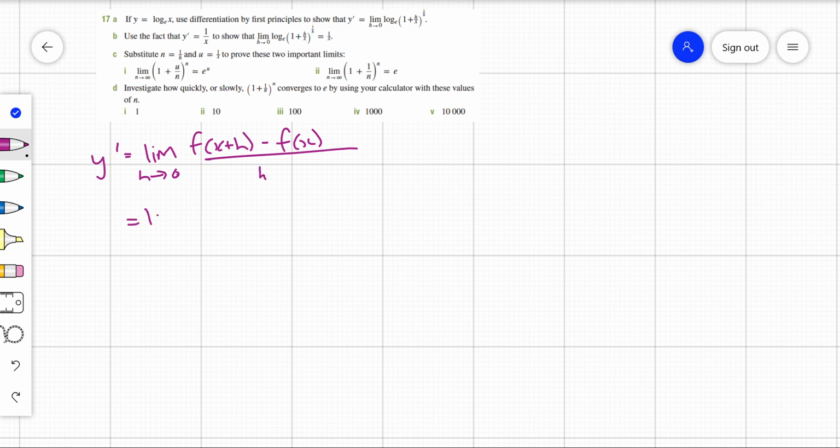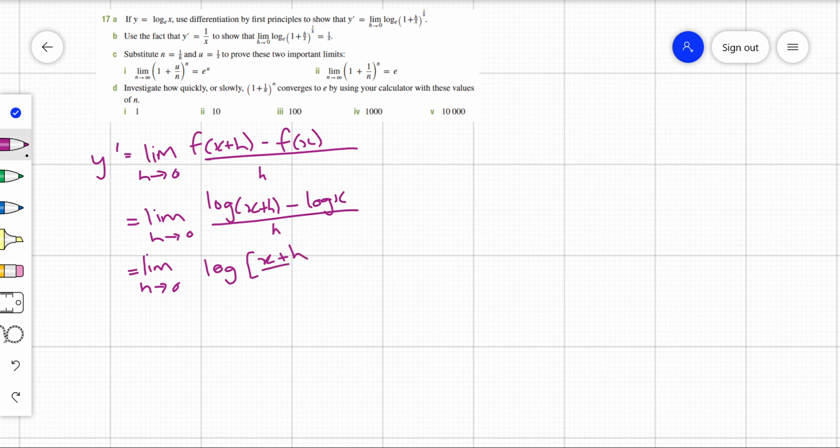Alright, so in this case we've got the limit as h goes to 0 of log (x plus h) minus log x, on h, and we can write that instead as log of (x plus h on x) on h, like that.